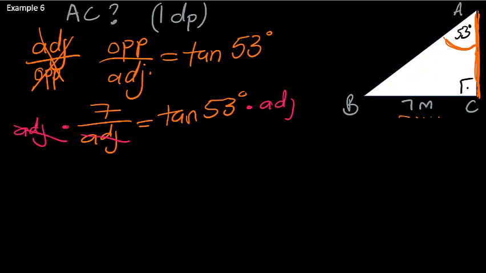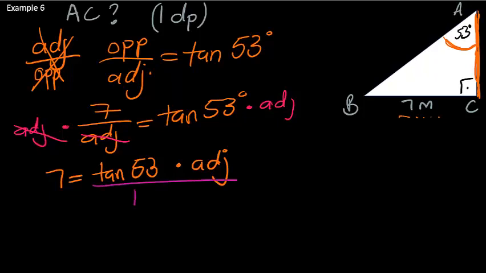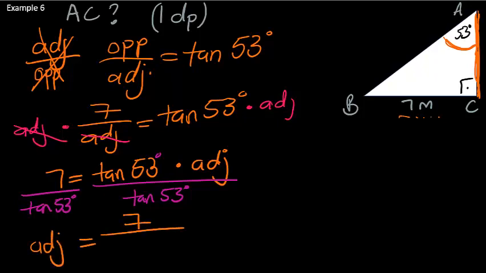So now I have 7 is equal to tan 53 times adjacent. Now I'm going to get rid of tan of 53, and I'm going to divide by tan of 53 on both sides. So this means that adjacent is equal to 7 over tan of 53 degrees.